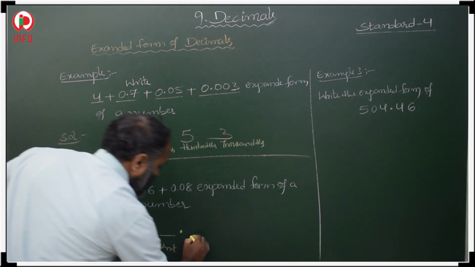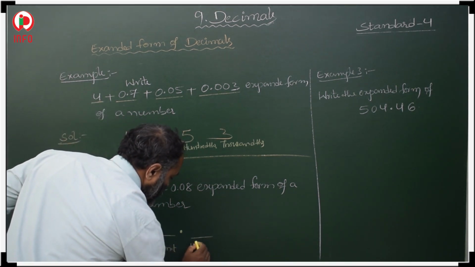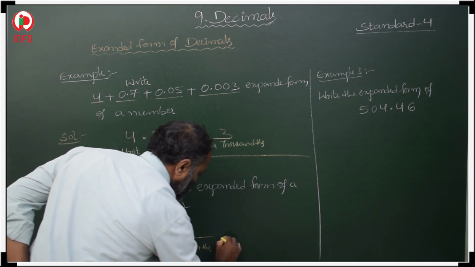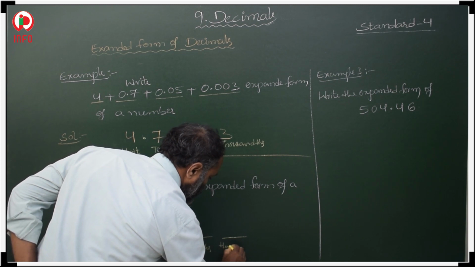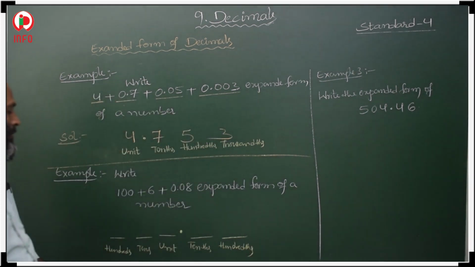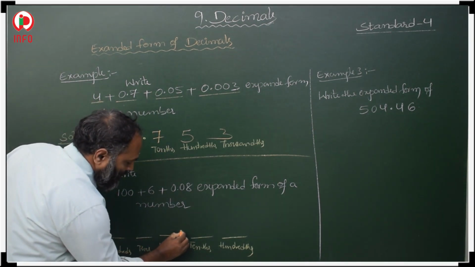Then the tenths place will come, then after that the hundredths place. So this is the decimal point.